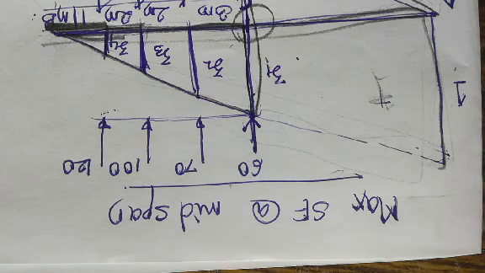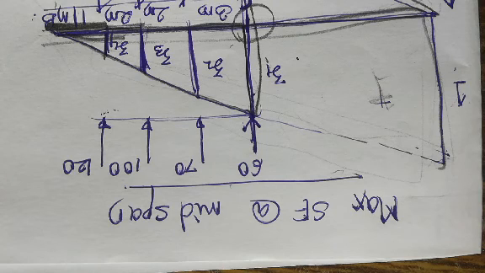Now here, whether we are dealing with positive shear force or negative shear force: if we are dealing with positive shear force, the tail of the load should be on point C, and if we are dealing with negative shear force, the head of the load should be on point C. This is important. And with respect to positive and negative, which influence line do we take?